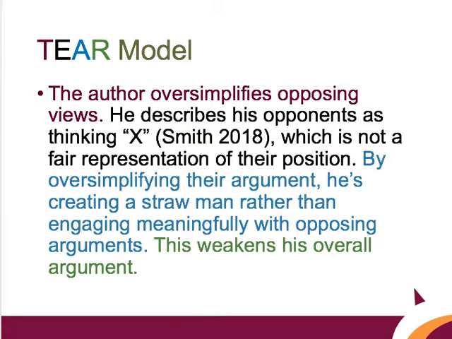E, the evidence: he describes his opponents as thinking X, or whatever you're going to quote, which is not a fair representation of their position. That's the evidence. But you need to analyze that, so the next sentence does that: by oversimplifying their argument, he's creating a straw man rather than engaging meaningfully with opposing arguments. And then finally, you need a wrap-up sentence that explains the link to the thesis: this weakens his overall argument.